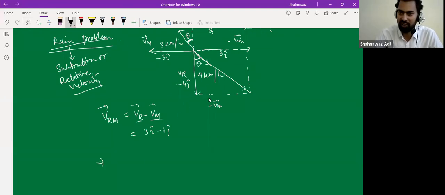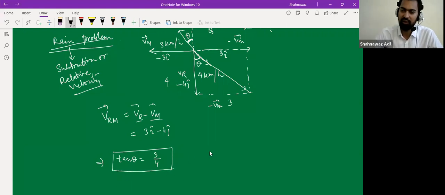So to calculate theta, this is 3 and this is 4, right? So tan theta is 3 by 4, right? And you guys already know this is 3, this is 4, this will be 5, right?